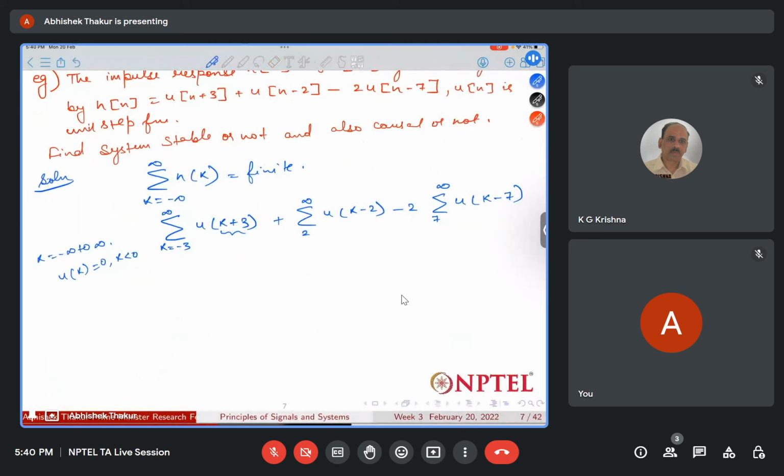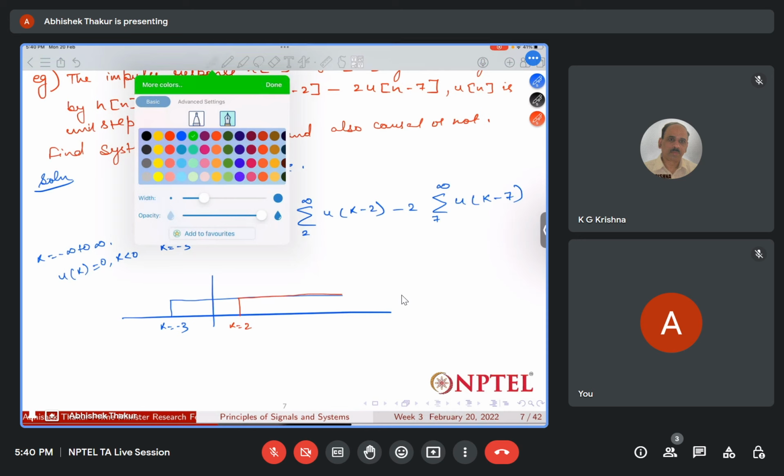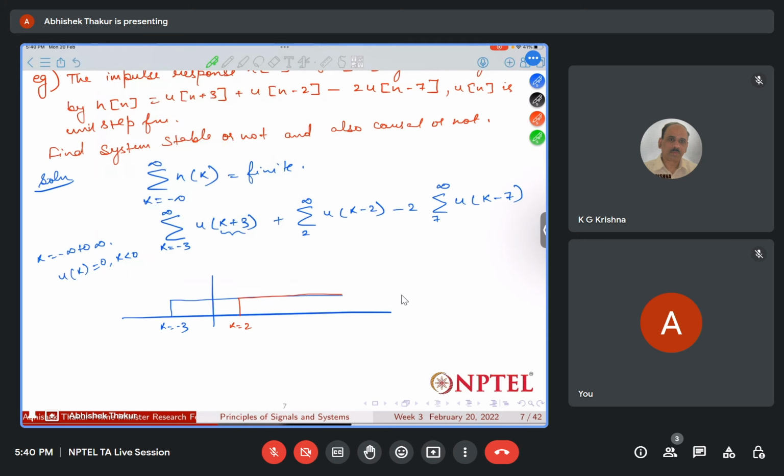So we can plot this curve like this, from k is equal to minus 3. This is from k is equal to 2. And this will be minus 2 into u[k minus 7].